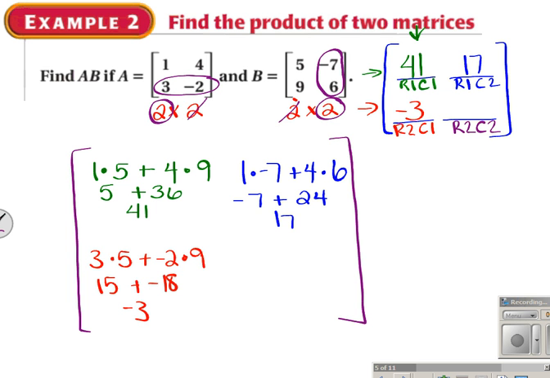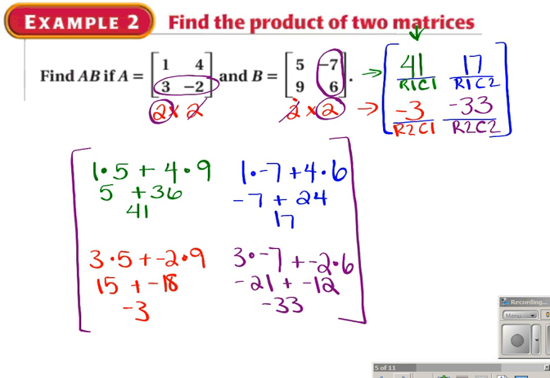First element 3 times first element -7 plus second element -2 times second element 6. We'll have -21 plus -12, which is -33. So our last element here, -33.